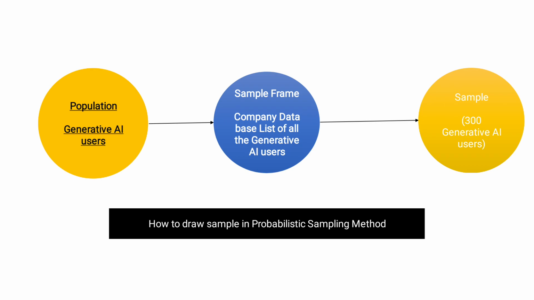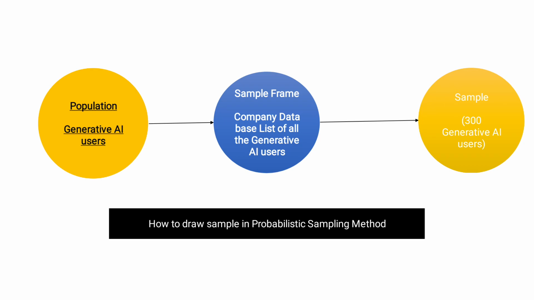The sample frame may be the company database, a list of all the generative AI users. You could get the list of all the users from the company. Basically, companies don't allow access to this database for the sake of privacy.